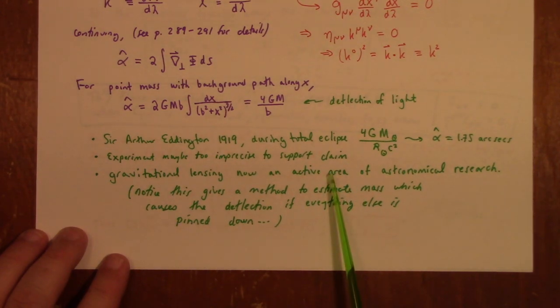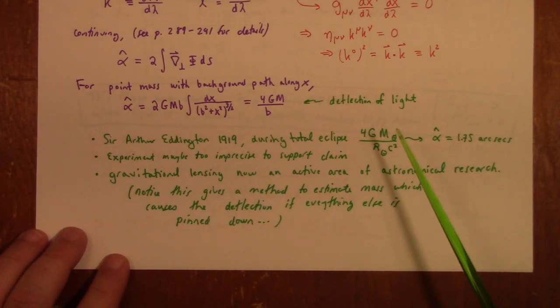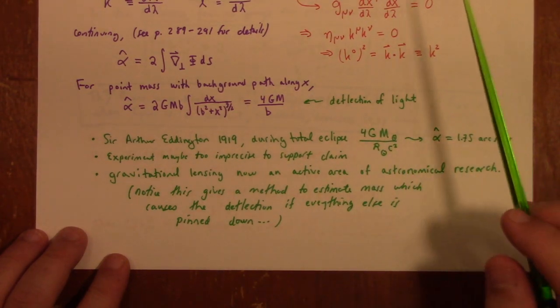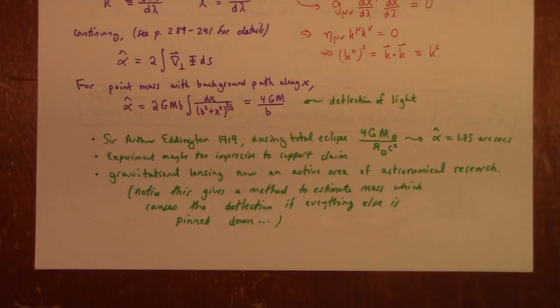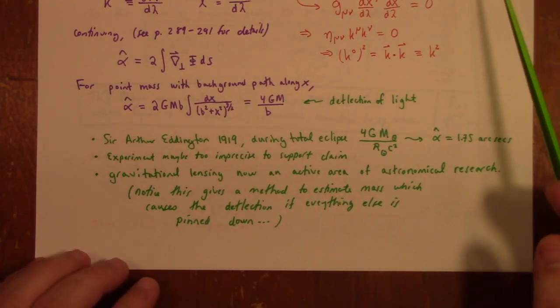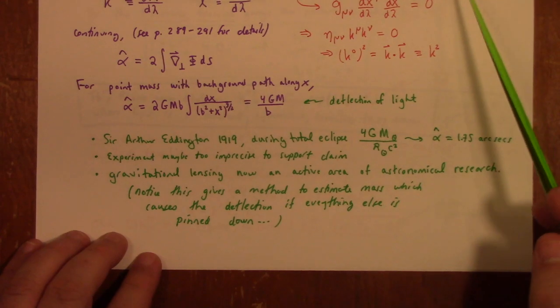In fact, people have gotten so confident in it that they think they can give estimates of mass in terms of how the mass is deflecting the light. You could play that game if you knew enough else going on here. But I don't know. These kinds of interconnected systems of inference are a house of cards that may fall down at some point. But anyway, it's fun to think about.